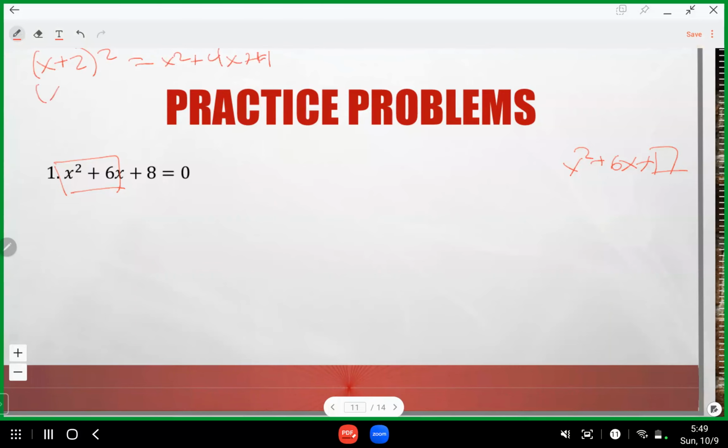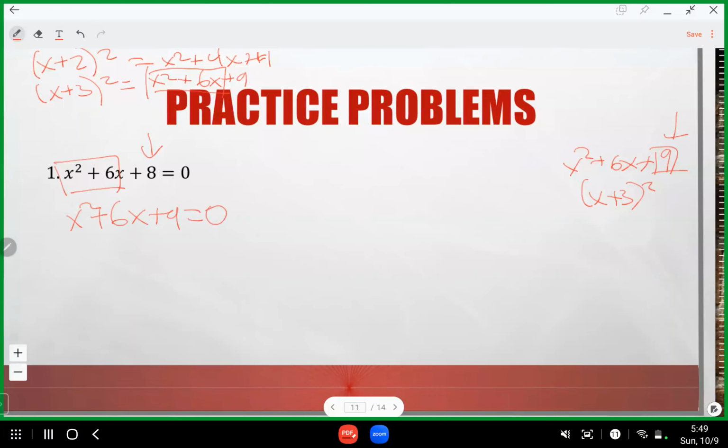And x plus 3 squared is going to be x squared plus 6x plus 9. I see, it's this part that defines what we need, right? So basically, we need x plus 3 squared. So how are we going to get this 9? We have an 8. Do we need to add 1 to it? Yes, we do. So plus 6x plus 9 is equal to 0.